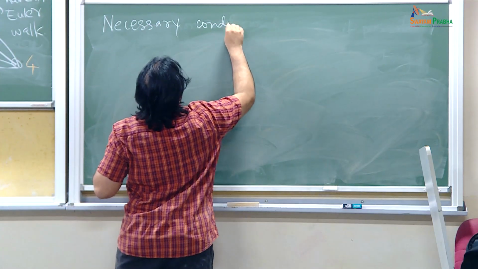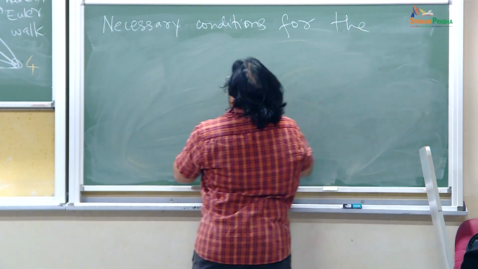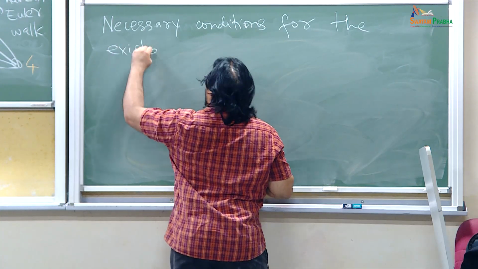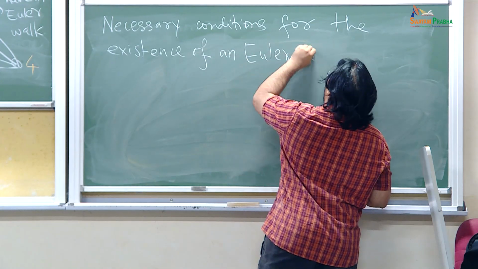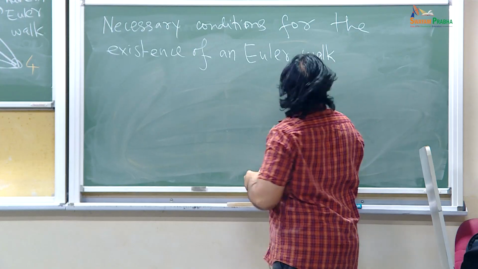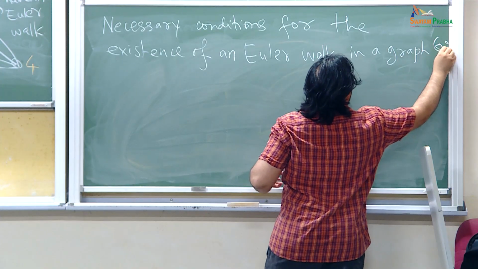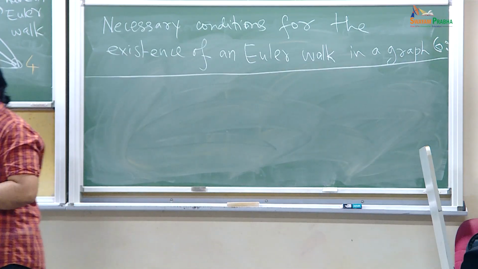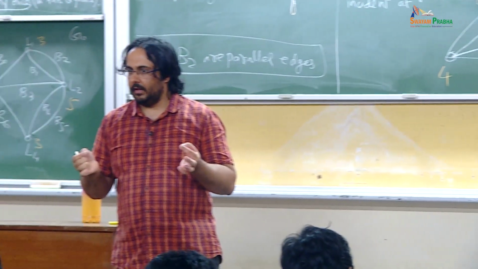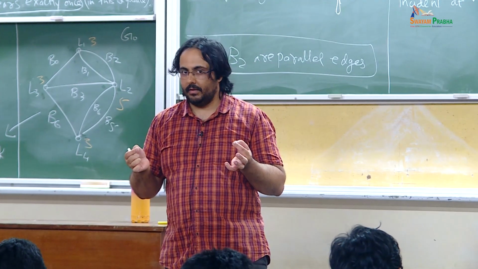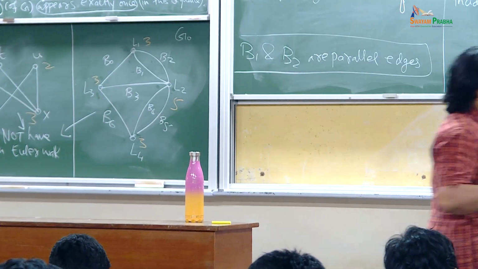Necessary conditions for the existence of an Euler walk in a graph G. It's necessary that either every vertex has even degree, or exactly two vertices have odd degree.